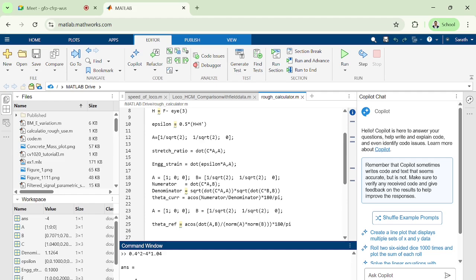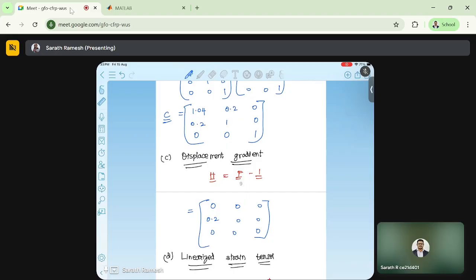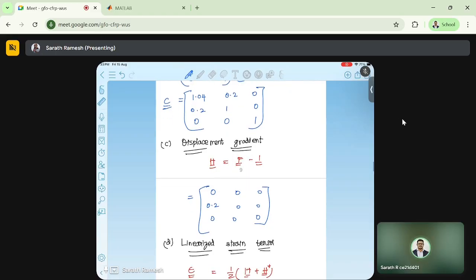But in our case, h is not of the order 10 power minus 3.